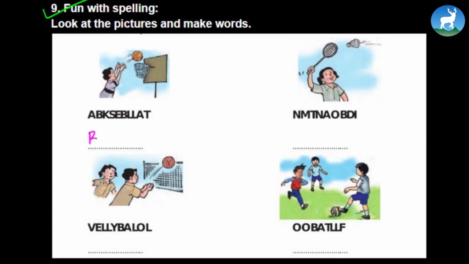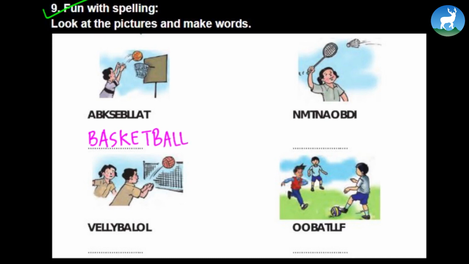It begins with B, then we have A, S, K, E, T for basket. Basket is something where you put something. It's like an empty container. So after basket, we are going to write ball. So that's the spelling: basketball.